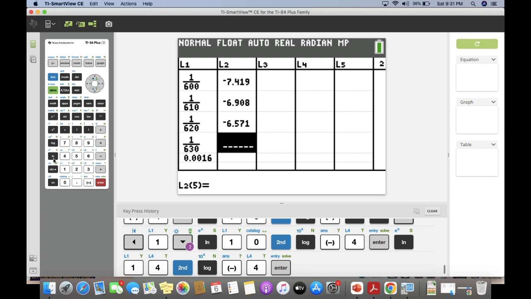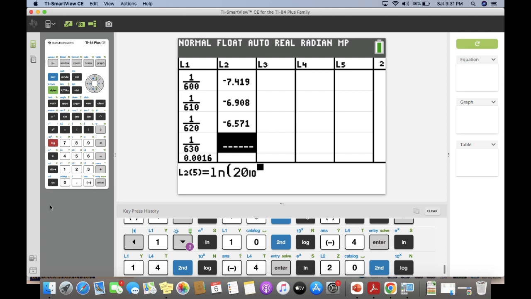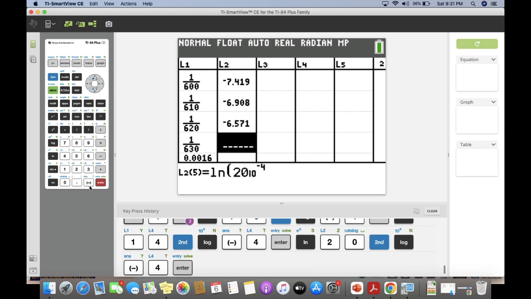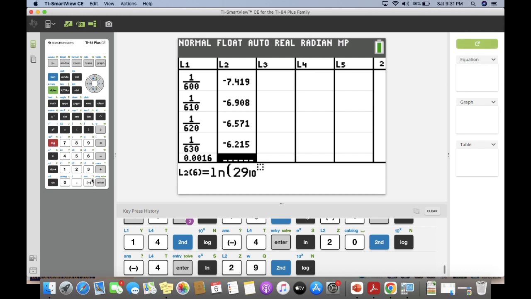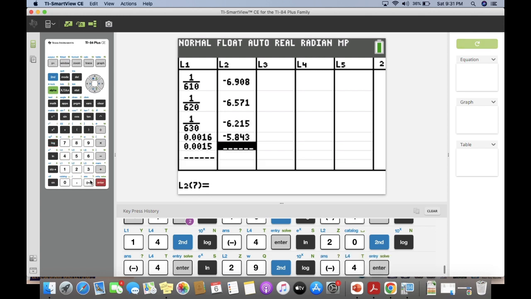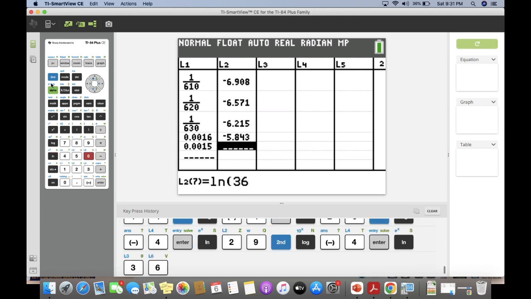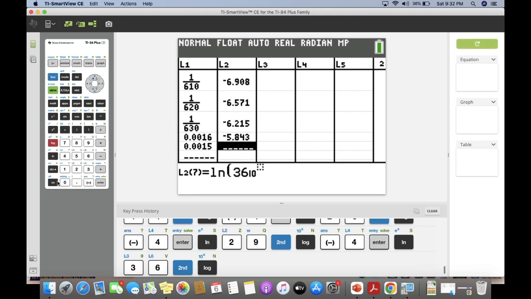Then ln of 20 times 10 to the negative 4. And then ln of 29 times 10 to the negative 4. Okay. And then lastly, 36 times 10 to the negative 4. All right. I think that's it.